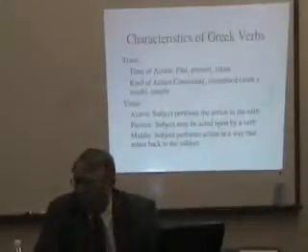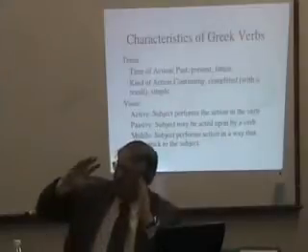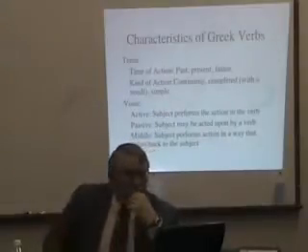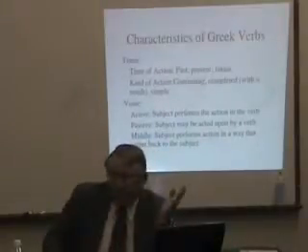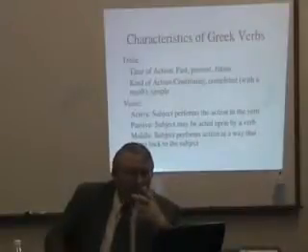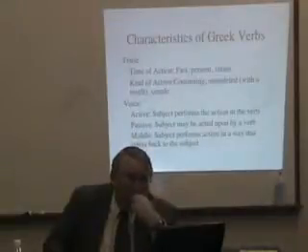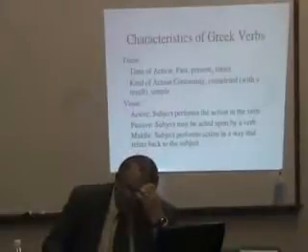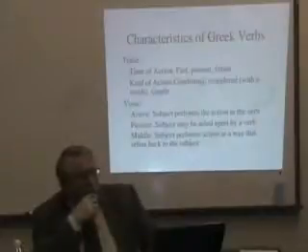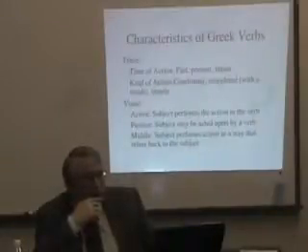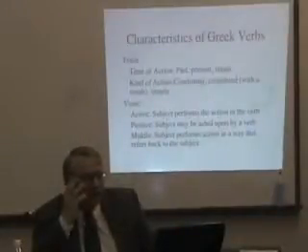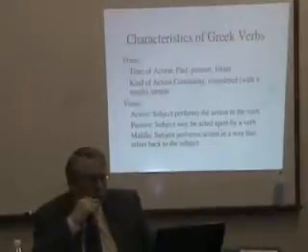You're not talking about seeing it happening. You're not talking about the results. You're saying it happened. He killed him. You're not trying to discuss anything. The action simply happened, in the past. Okay. So, tense, the time of action, is either past, present, or future. That's pretty simple.